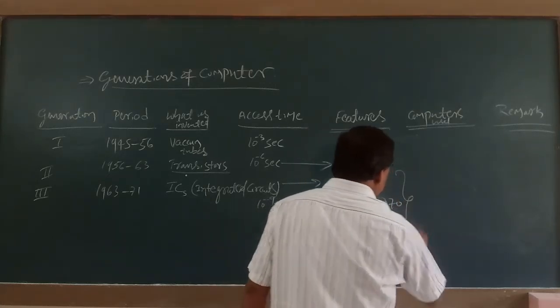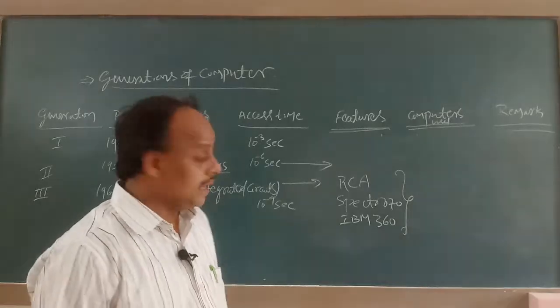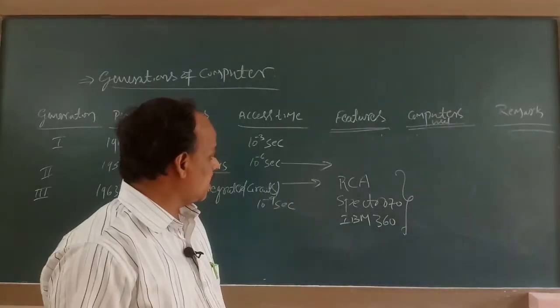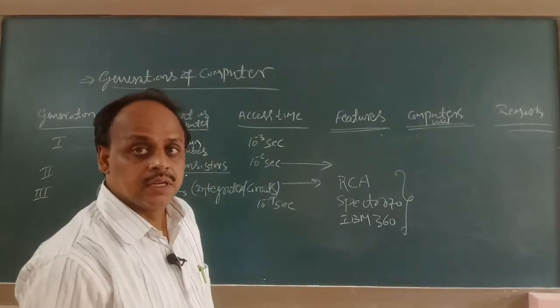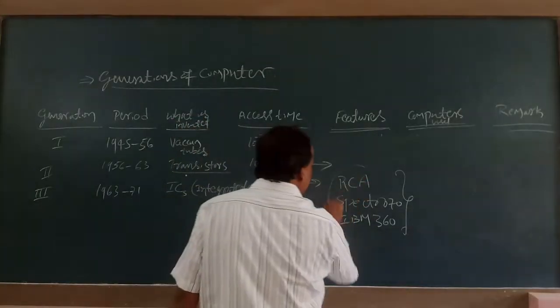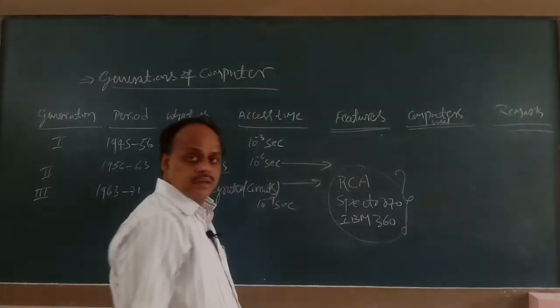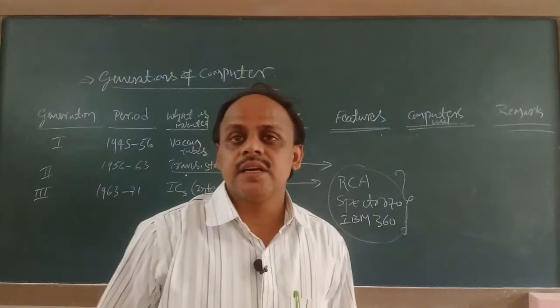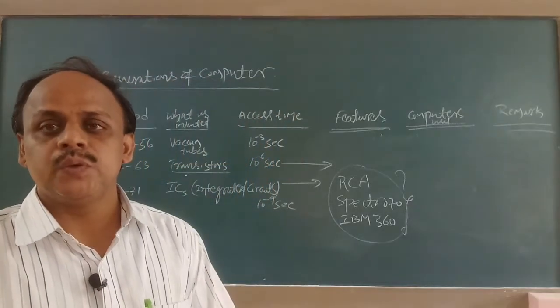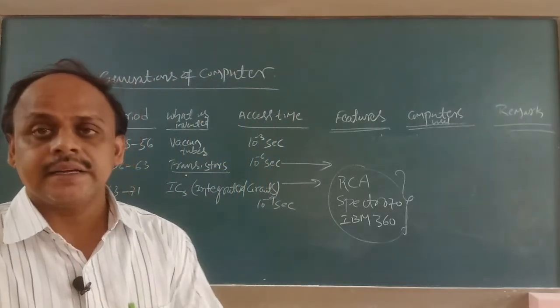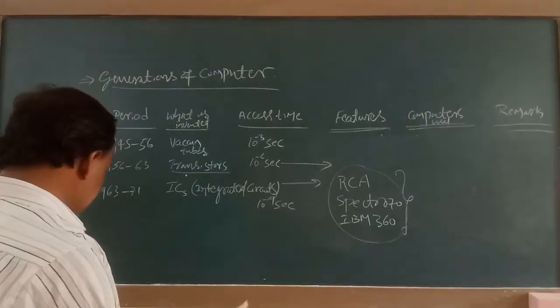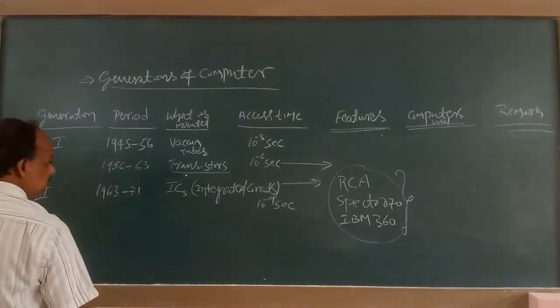So these three, RCA, Spectra-70, IBM 360, these three are considered as systems used in the third generations of computers, right? And next, let us move to next generation, that is the fourth generation.